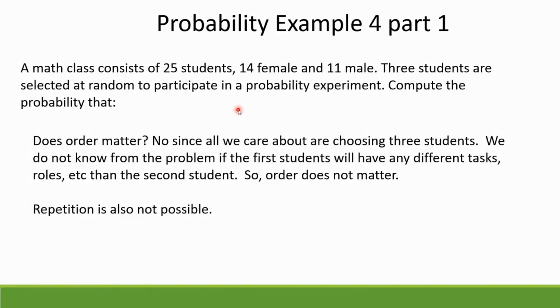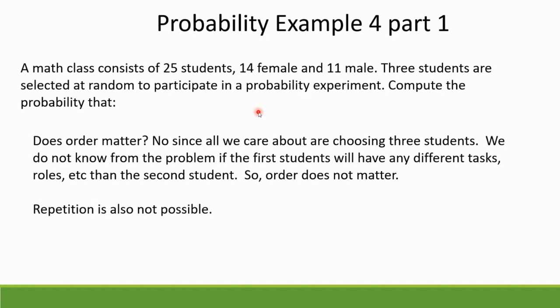Because we're choosing 3 students, and it doesn't matter which student we choose first or second. The problem doesn't indicate that the first student chosen has to do something different than the second student chosen. So order doesn't matter here.